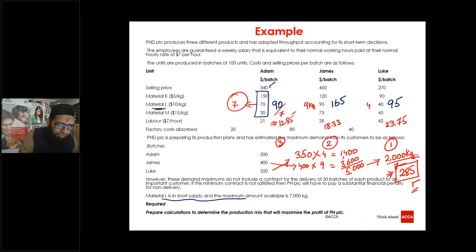Here it is 2000 divided by 7. Rather, it says that these 50 units are already included in these. Because we are producing more than 50 batches in each product, this won't affect me.